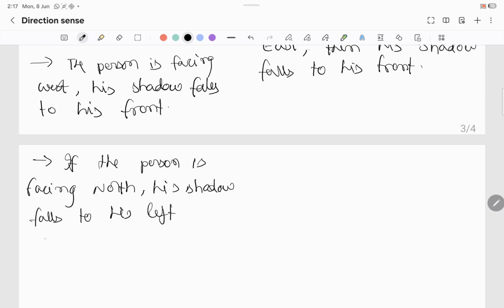Then the other case, if he is facing south, shadow falls to his right.